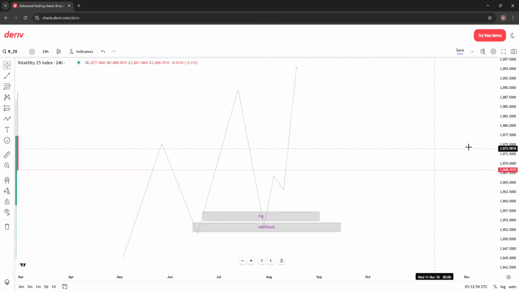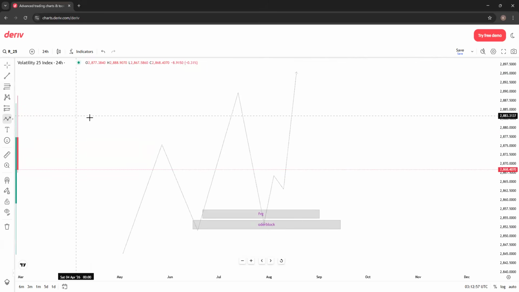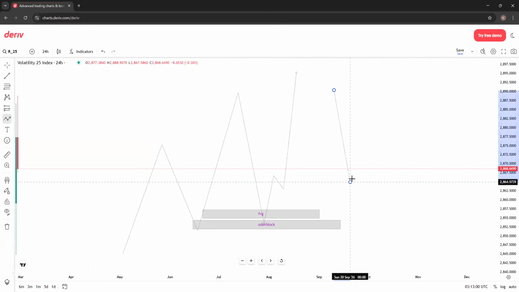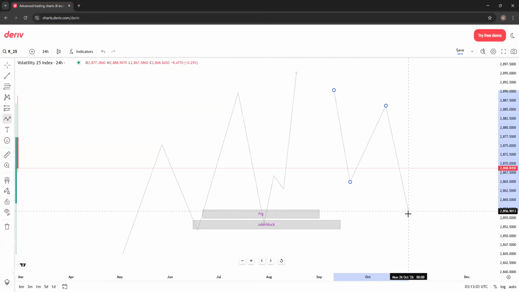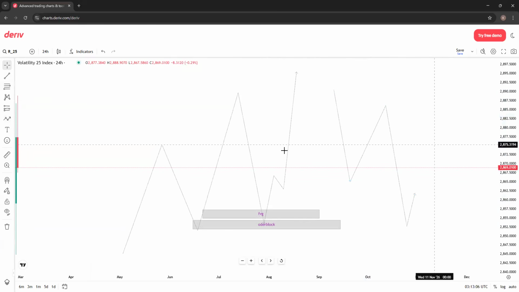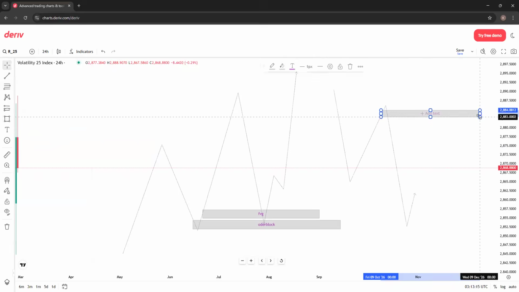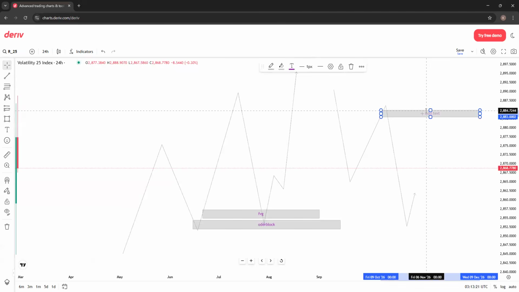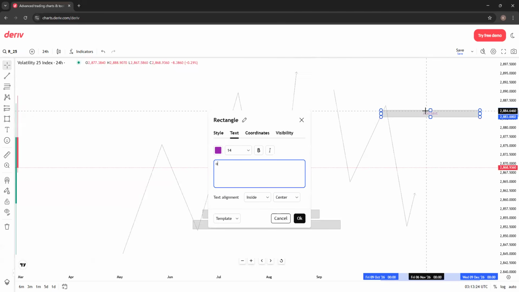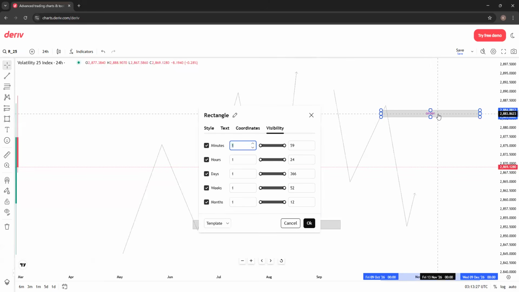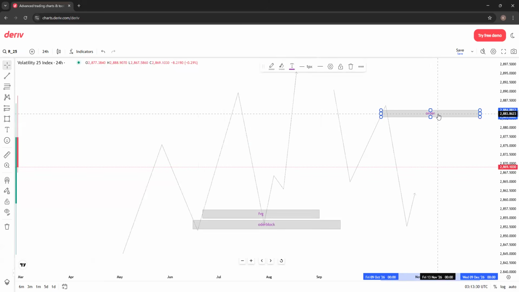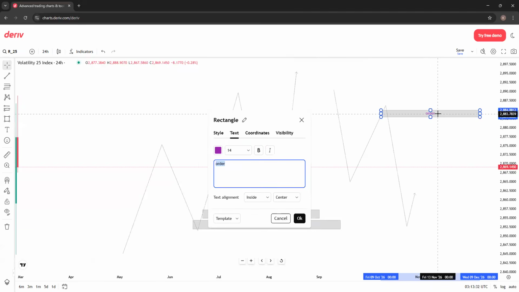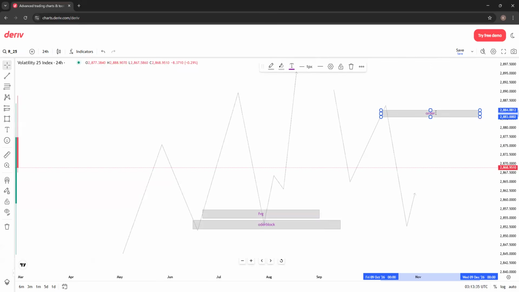Or we can also have a scenario where, say, maybe we're in a downtrend, and we have this area over here where we can have our order block, so let me type OB here, order block.